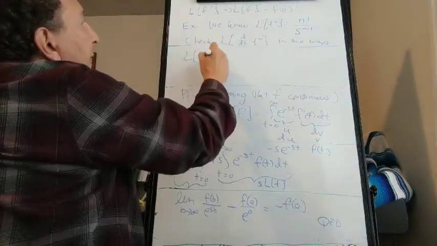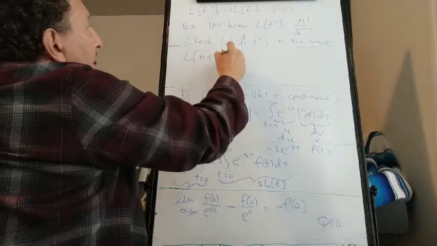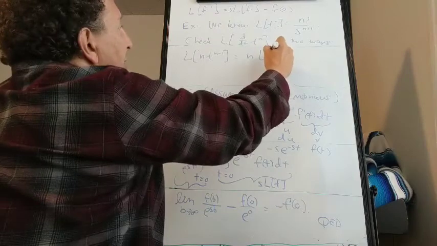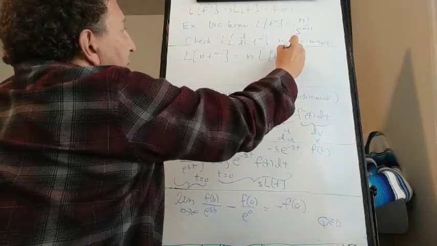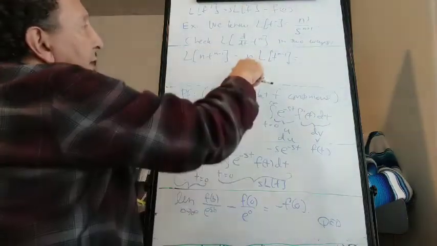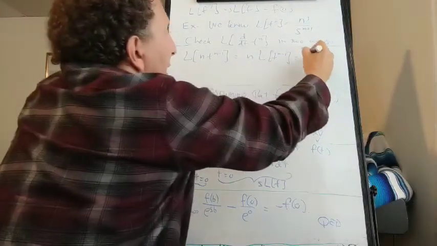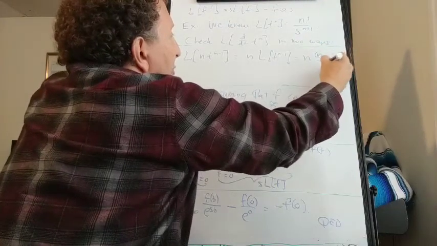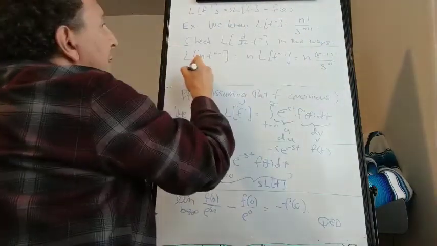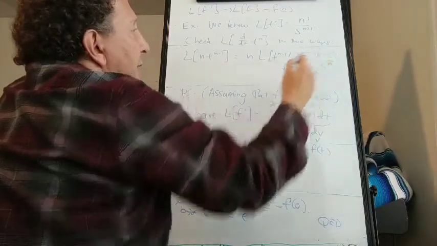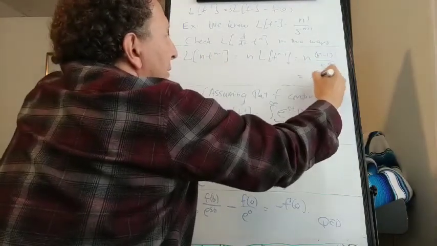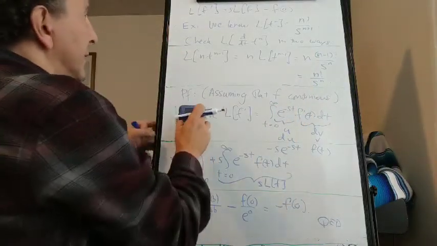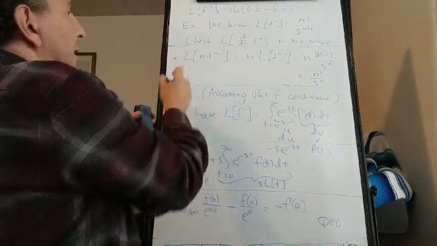L of n t to the n minus 1 equals, this is linear so we can take out the n, n times L of t to the n minus 1, and when we have the Laplace transform of t to a power, we take the power factorial over s to one greater power. n times n minus 1 factorial is n factorial, so we get n factorial over s to the n. So here's the first way.